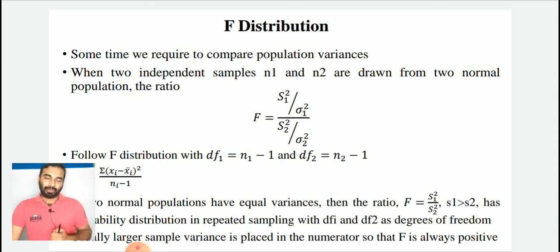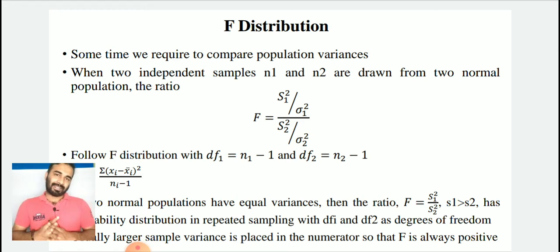In the last video, we discussed how to do a paired t-test when two samples are dependent. And we also saw how we can do hypothesis testing for the difference between two population means using t-test and z-test.